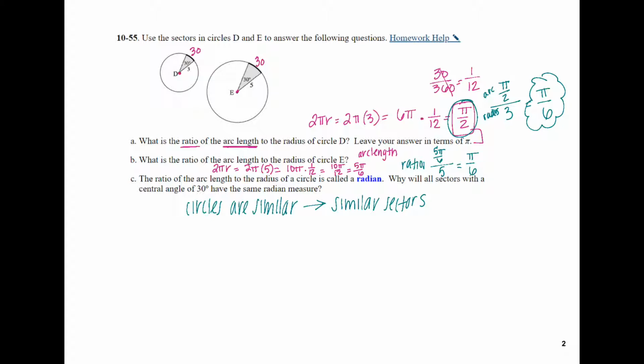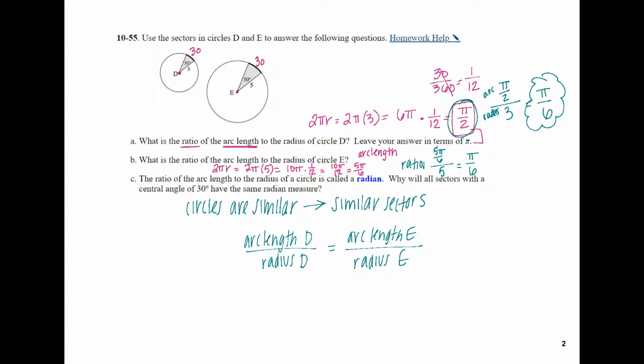So when we write a proportionality equation, we can say that the arc length of circle D compared to the radius of circle D is equivalent to the arc length of E, or the radius of circle E. So in fact, all sectors with 30 degree central angles will be similar.